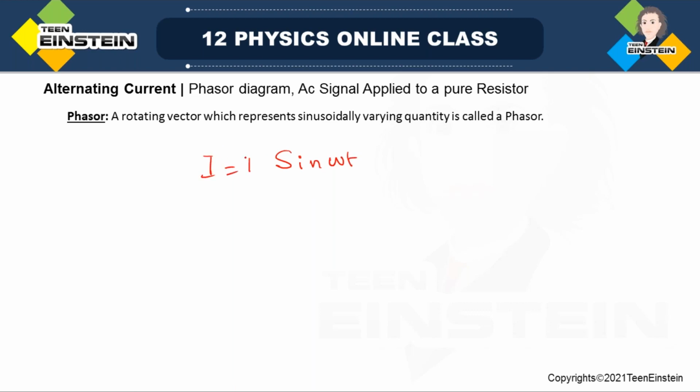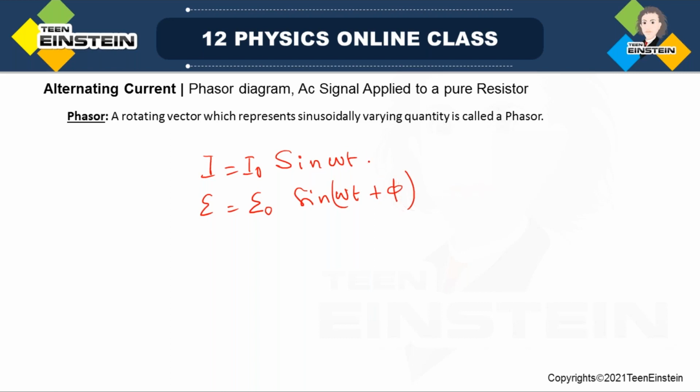If I write current I is equal to I0 sine omega t, or EMF, I can write E0 sine omega t. If there is some phase angle between these two, then I can write this.